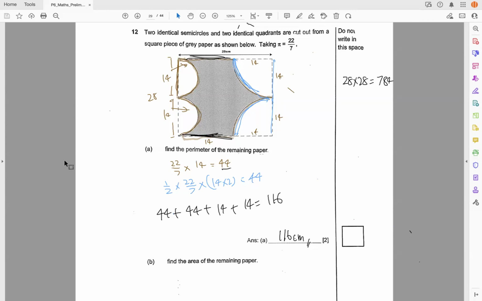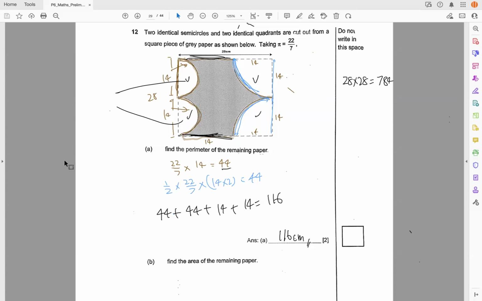Okay. Then you minus away. These two make up one circle. These two make a semicircle. So let's find this one first.